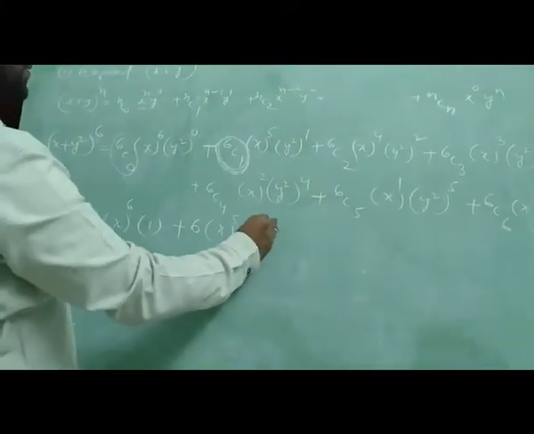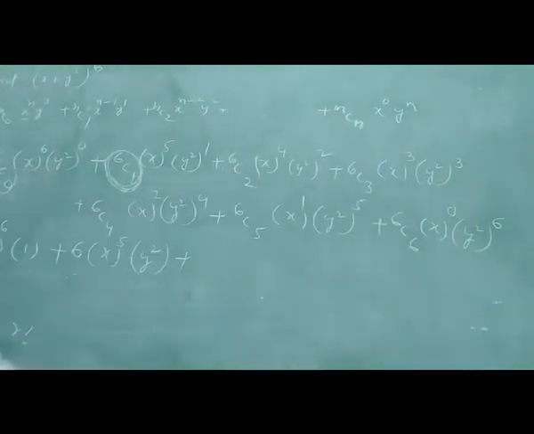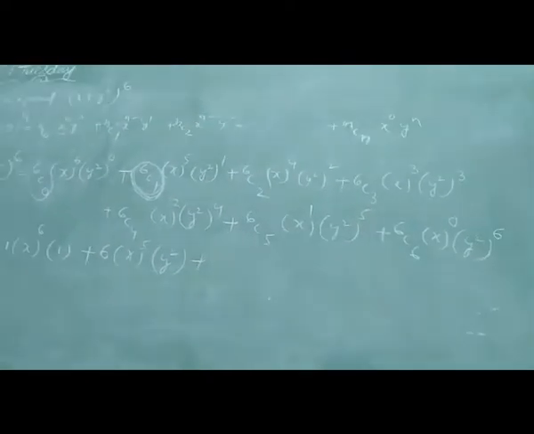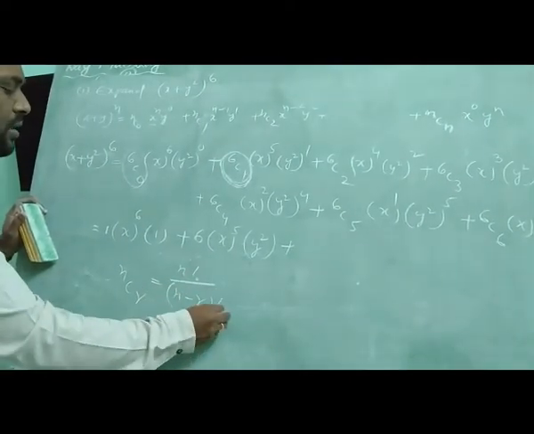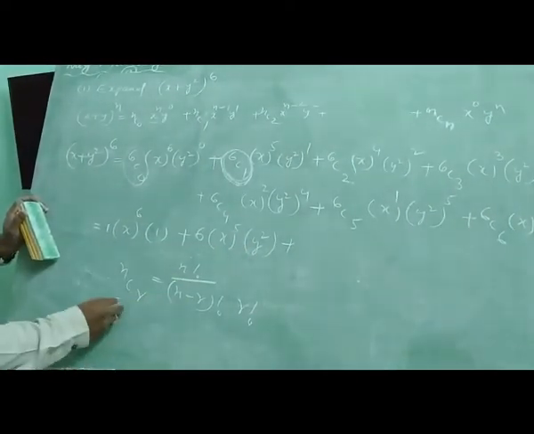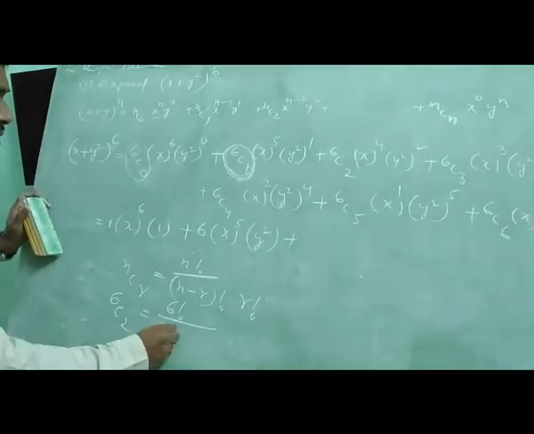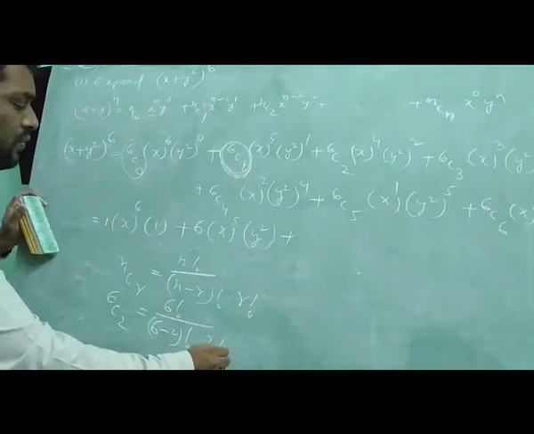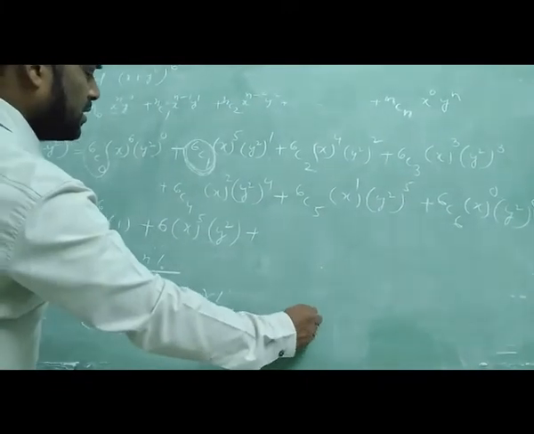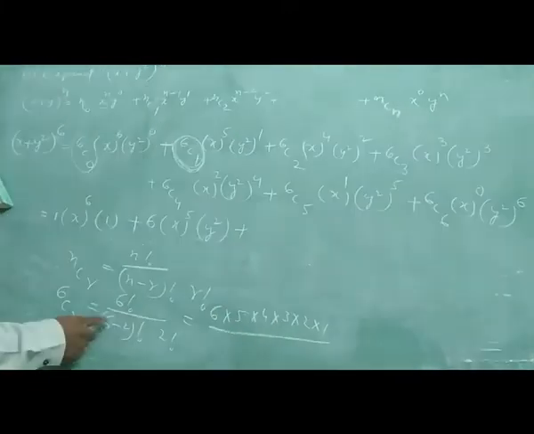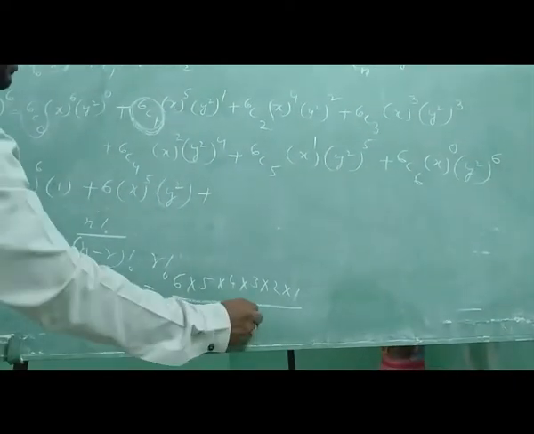2 1s are 2, y square, plus. Now what is 6C2? How do you find 6C2? Right, nCr is equal to n factorial by (n minus r) factorial into r factorial. 6C2 is equal to, what is the n value? 6. 6 factorial by (6 minus 2) factorial into 2 factorial. 6 factorial can be written as 6 into 5 into 4 into 3 into 2 into 1 by 4 factorial, 4 into 3 into 2 into 1, into 2 factorial, 2 into 1.